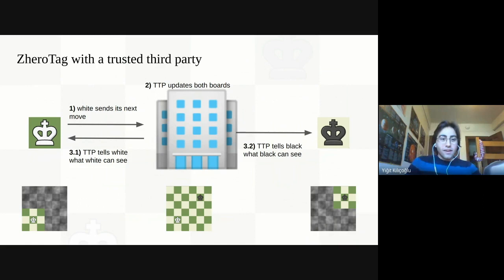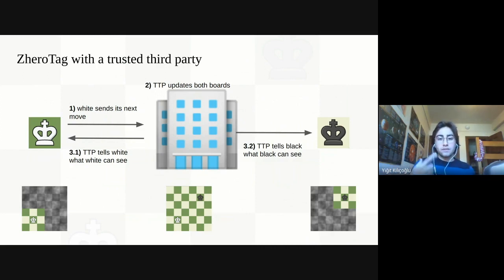Assuming it's White's turn, what White does is send its next move to the trusted third party. And the trusted third party has more like a god view of the board. It can see where everyone is.